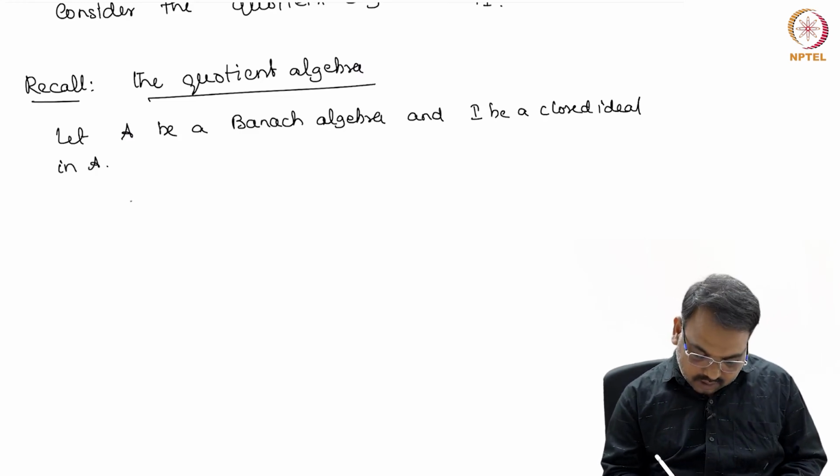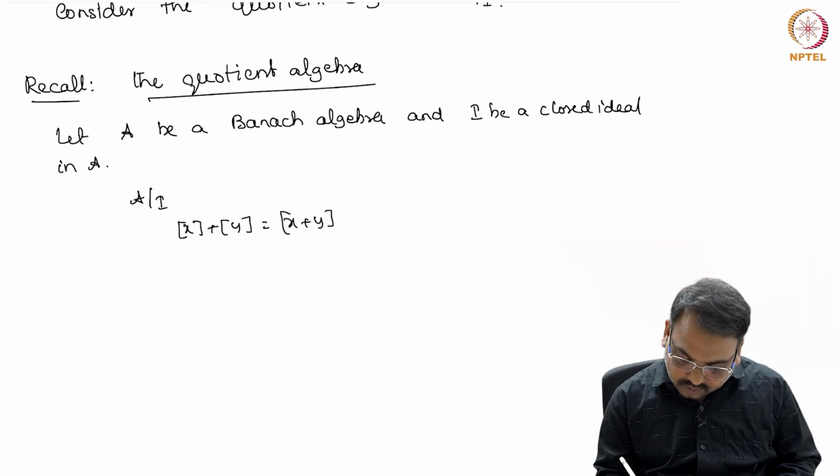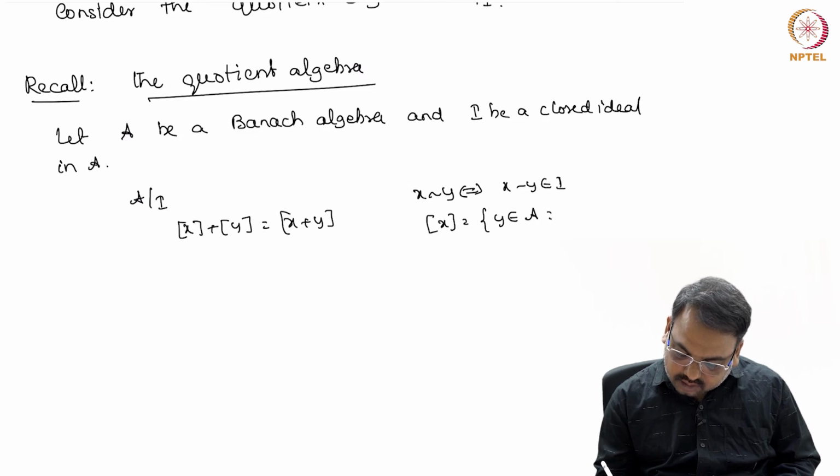Then we define the quotient space as the set of classes x plus I, the equivalence class of x. So x is related to y if and only if x minus y is in I. This is the set of all y in A such that x is related to y.